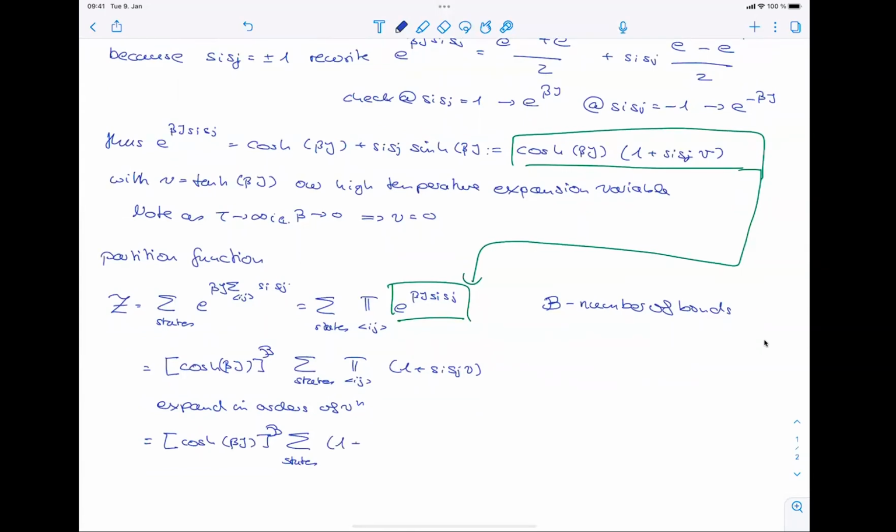And so we get 1 and then plus V ij si sj plus V squared, and then V squared, I have ij and k and l, si, sj, sk, sl, and so on, right? I get, for every V, I get a pair of si, sj.